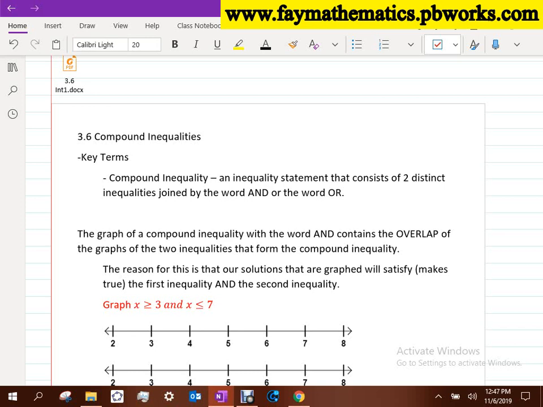Let me think of an analogy here. Let's say we're going to divide the class up into groups, and I say to be in group 1, you have to be a male and have blue eyes.